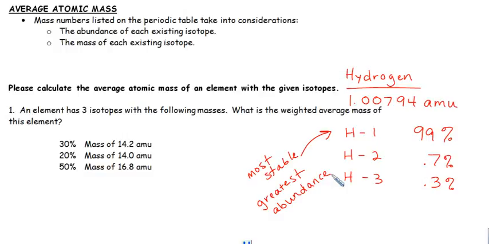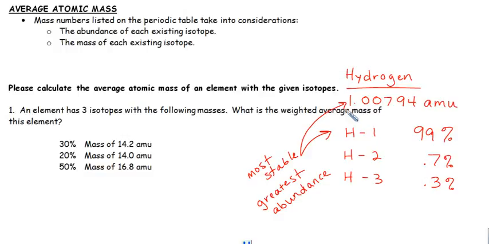Oh yeah. So then that's why the weighted mass on the periodic table is darn close to 1. The 0.00794 is from the calculated weighted average. So the mass on the periodic table is just a hair greater than 1, because there's a very small fraction of hydrogen atoms that have a mass that's a little bit greater than 1.